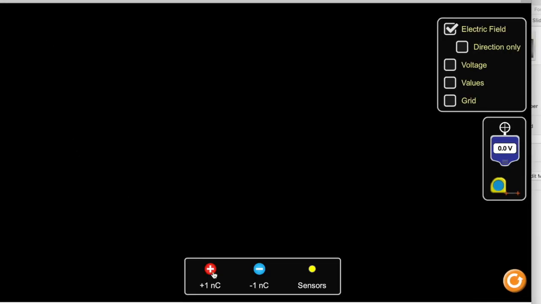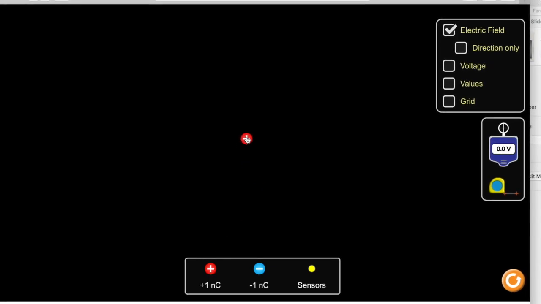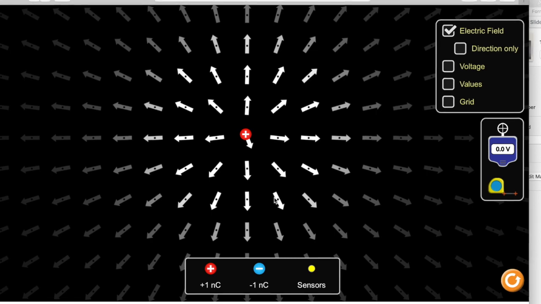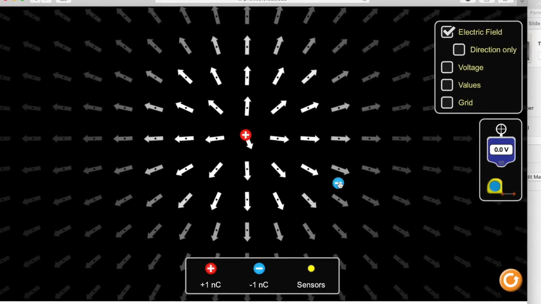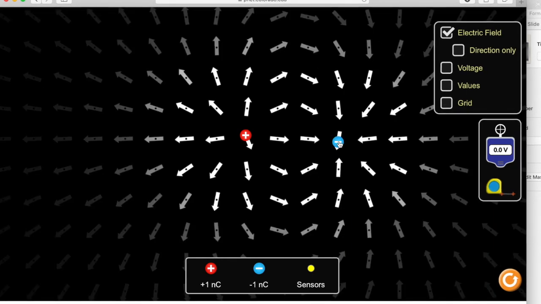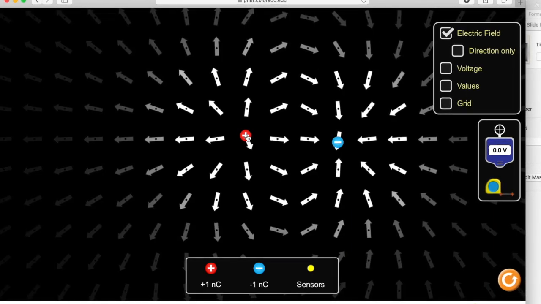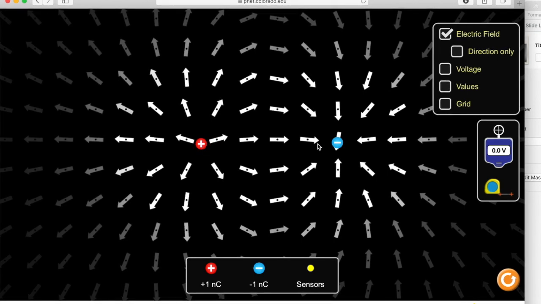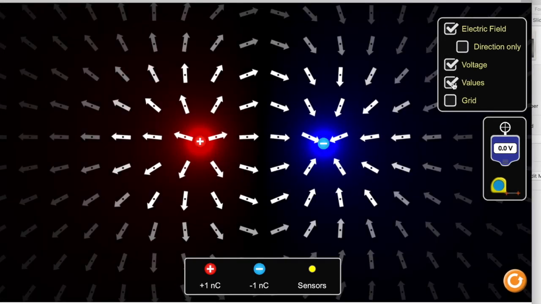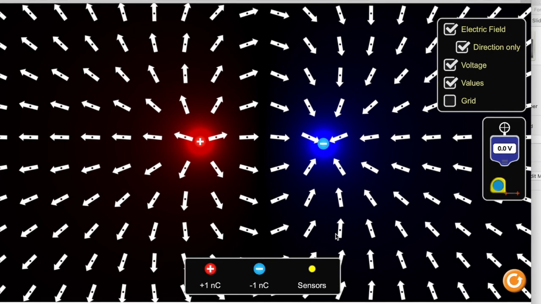So I take an example from the PhET software. Here I placed a positive charge and an equal negative charge. Electric field lines start from the positive charge and end at the negative charge. And we can change the distance between them. Take the value of voltage, values and direction.